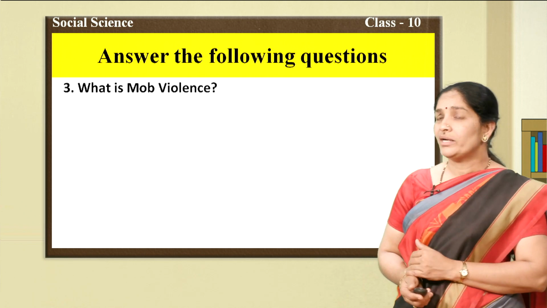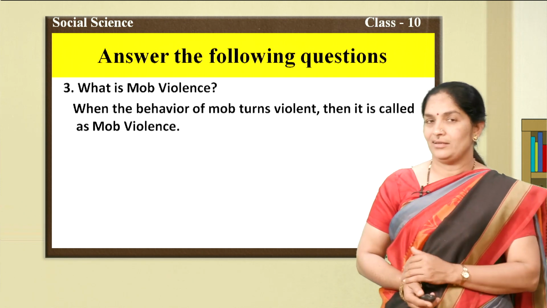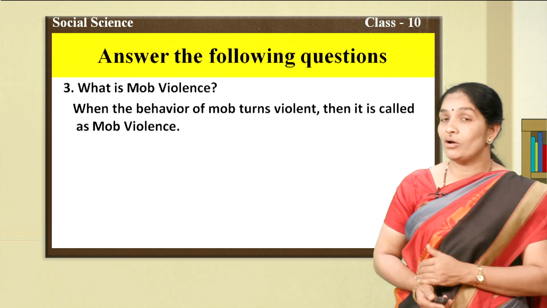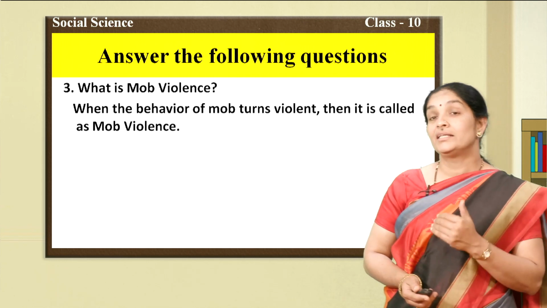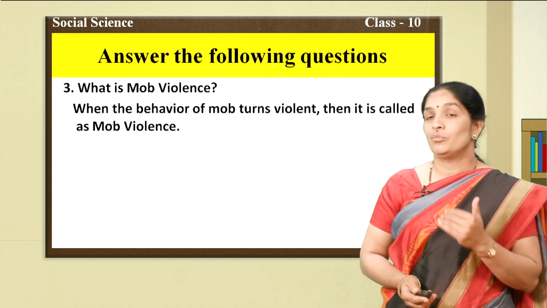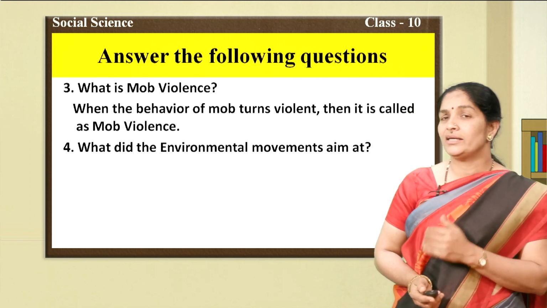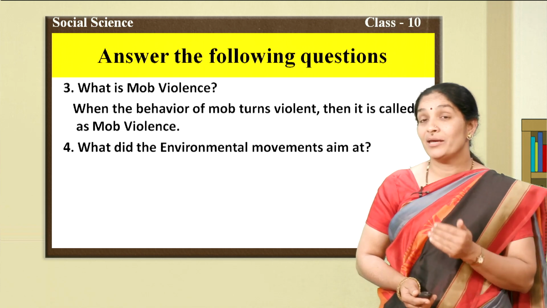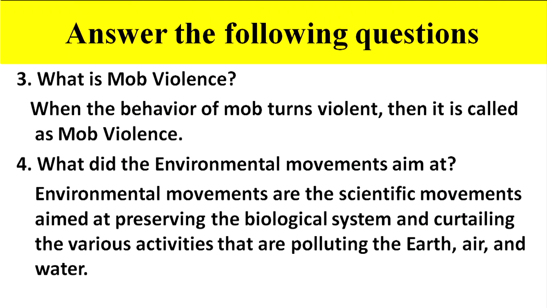Children, what is mob violence? When the behavior of mob turns violent, then it is called mob violence. What did the environmental movements aim at? Environmental movements are the scientific movements aimed at preserving the biological system and curtailing the various activities that are polluting the earth, air and water.